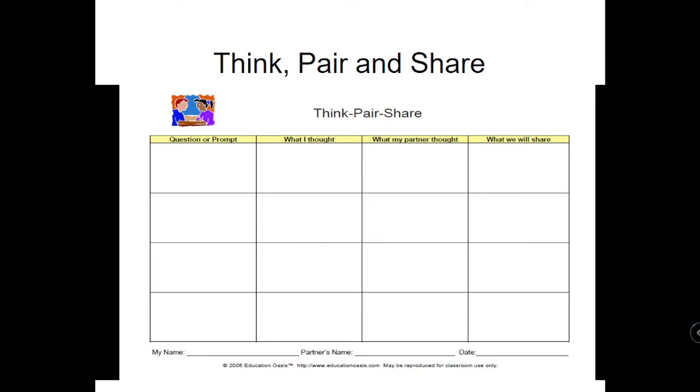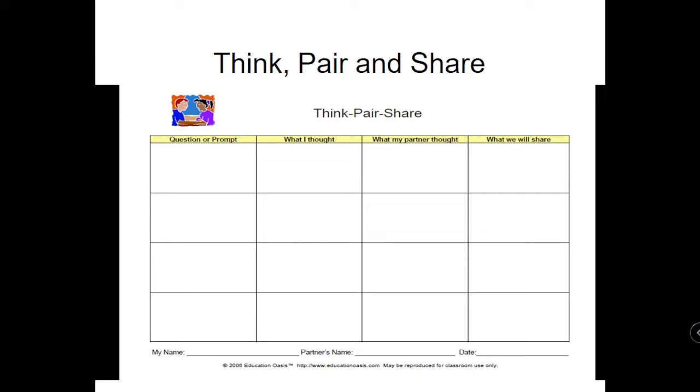During this activity, they can prepare a think, pair and share chart. In the first column, they write the questions. The second is what I thought, then what my partner thought about the topic. The fourth column is what they will share with others.